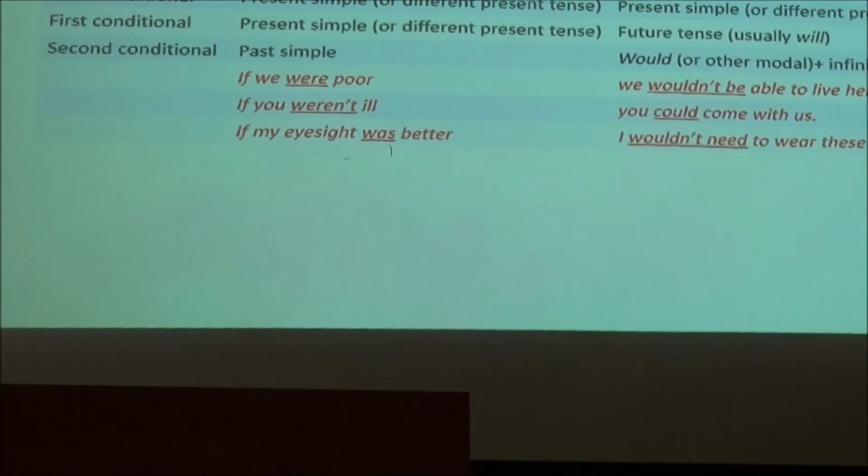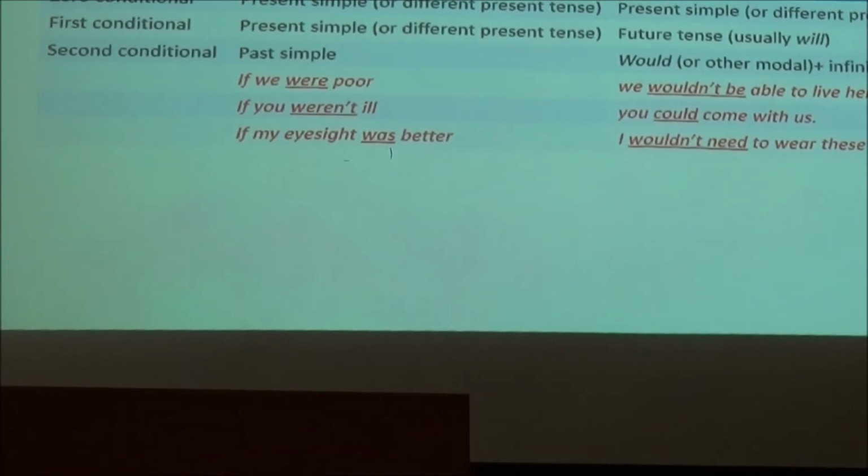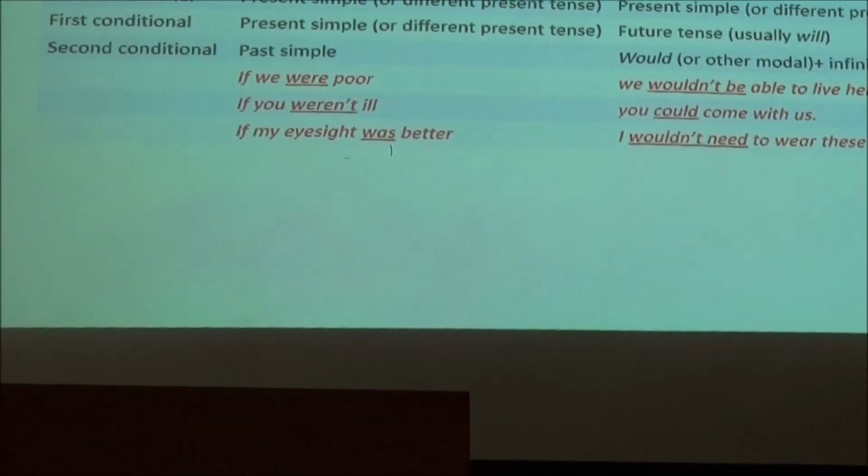And then the result clause contains a form of would. Or another modal. It could also be could, for example. As with the first one, plus infinitive. So if we were poor, we wouldn't be able to live here.